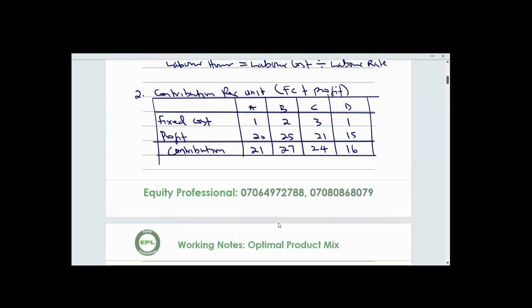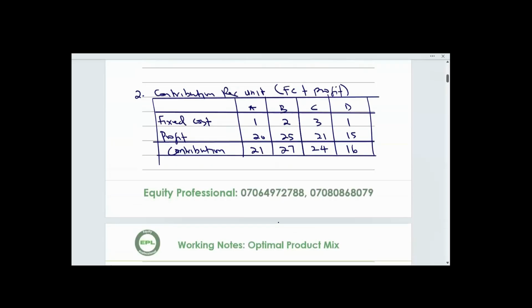And ranking. Okay, so we have products A, B, C, and D. Optimal mix question is always very interesting if you understand the formats, the procedures. So the first item here will be the contribution. Contribution for A is 21 naira, B is 27, 24, then 16.